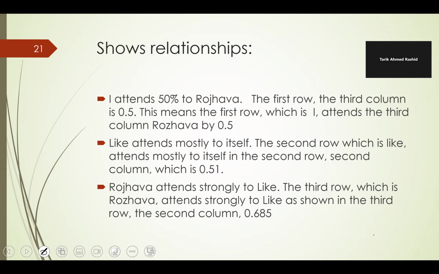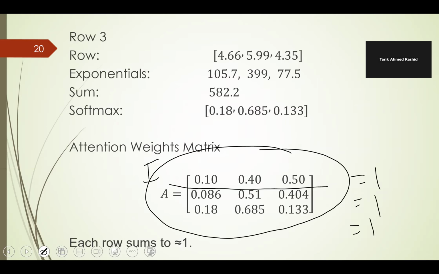Now, here we can see that I attends to Rojava by 50%. So we say that this is I, this is the first row, and this is Rojava. This is a very important note. So I attends 50% to Rojava.